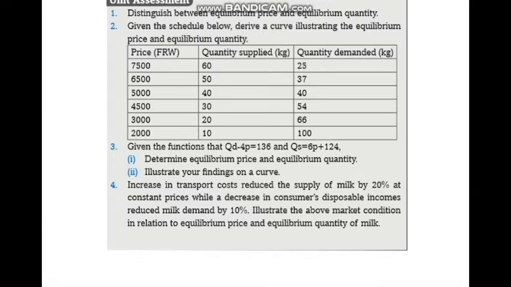We have a price, the first column, quantity supplied, the second column, and quantity demanded in the third one.